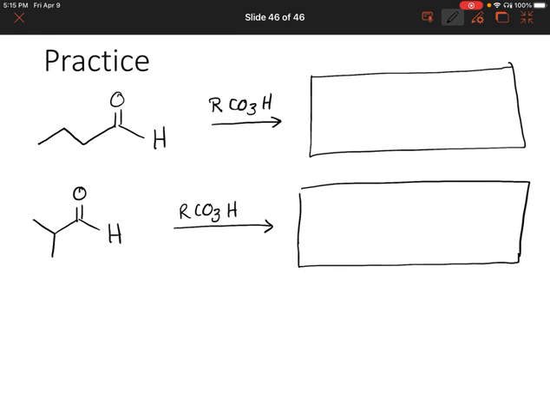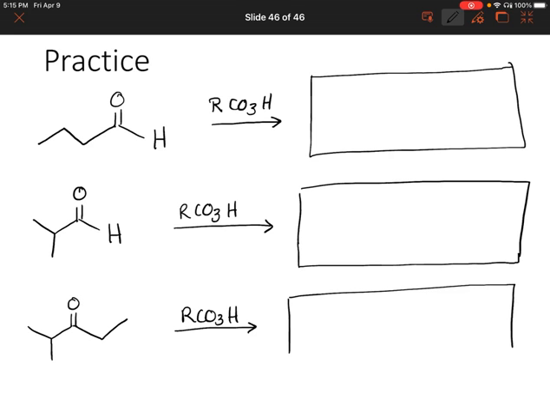And for our last one, see if you can figure out what your final product would be and where that oxygen would add. If you want to pause the video and try this on your own, you can, and then we'll go over it together.